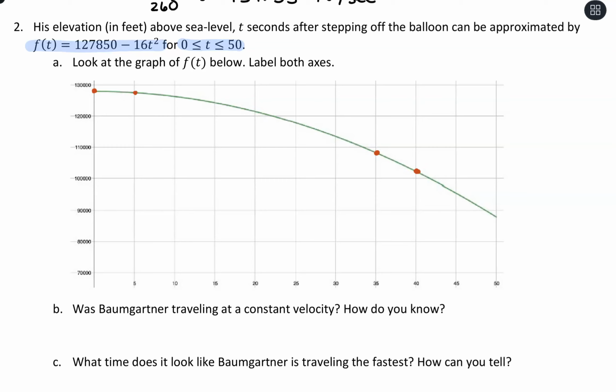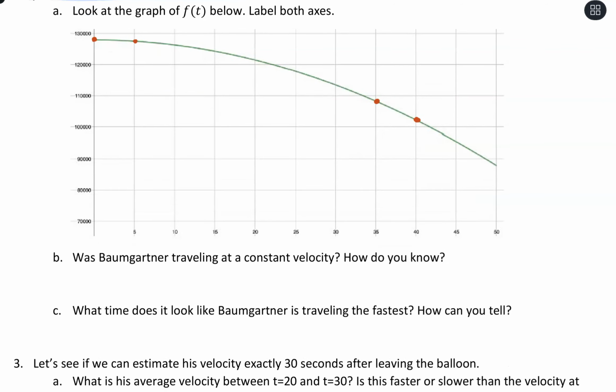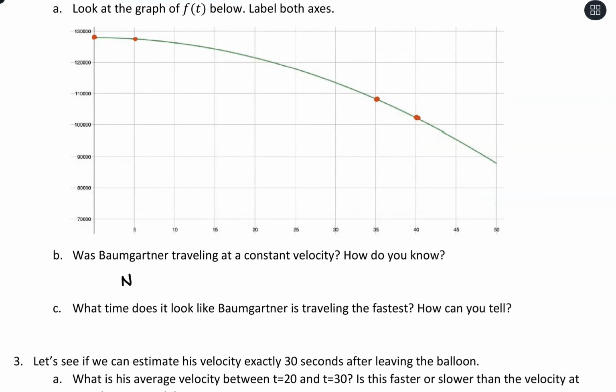Over these 5-second increments, as time's passing, he's covering more and more distance. So that velocity is increasing, or I should say it's increasing in steepness as we go. So was Baumgartner traveling at a constant velocity? No, and it's because if you think of this as the secant line that we've talked about before, that slope is changing. So the rate of change itself is changing.